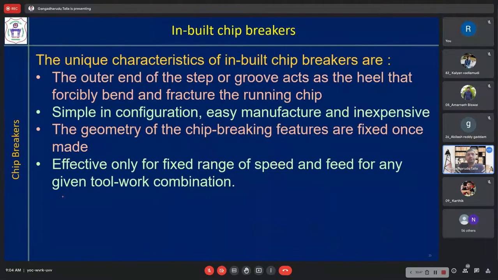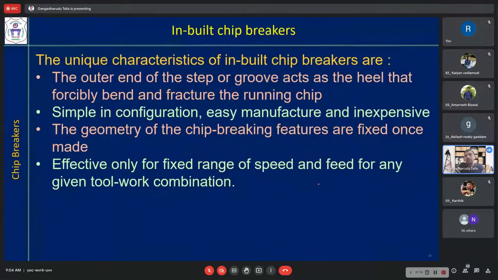Let us see. Now, same thing: inbuilt chip breakers. Inbuilt means they are directly cut on the cutting tool. You are not bringing a separate chip breaker and attaching it to the cutting tool. Now, what are the characteristics? The outer end of the step or groove acts as the heel that forcibly bends and fractures the running chip.